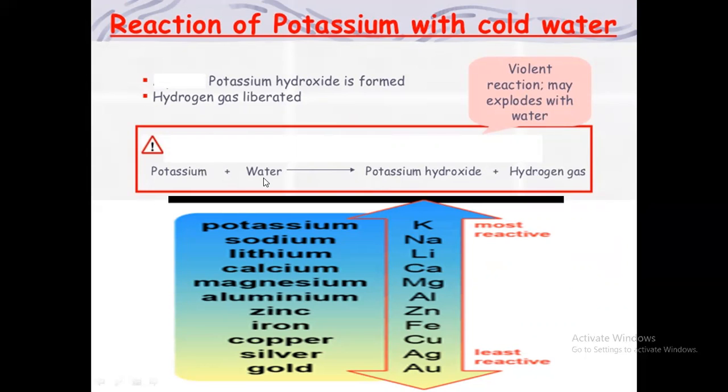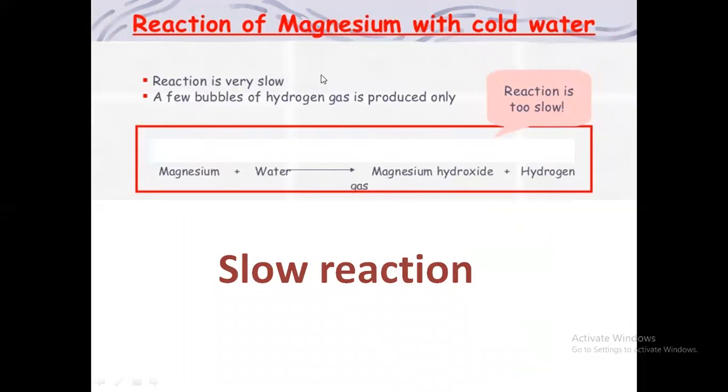The reaction of potassium with cold water is a violent reaction, and it produces an alkali, the name of that alkali being potassium hydroxide, and it also produces hydrogen gas. As I have told you, potassium is a highly reactive metal. That's why you see it is placed at the top of the reactivity series. Clear?